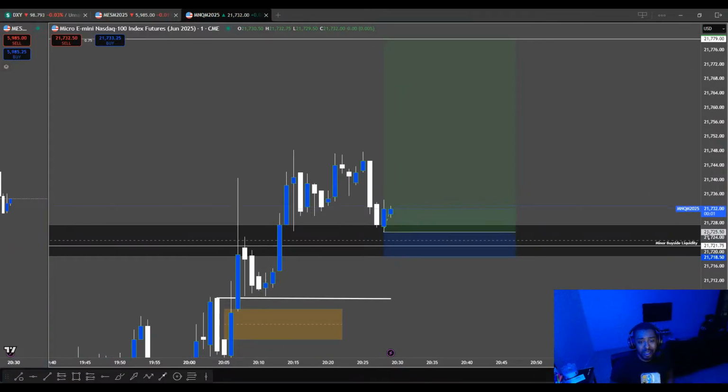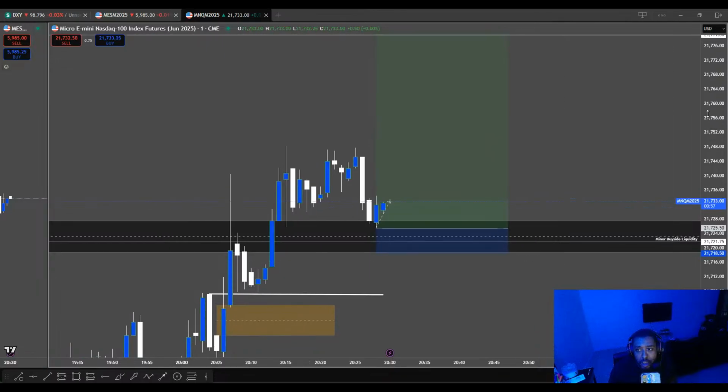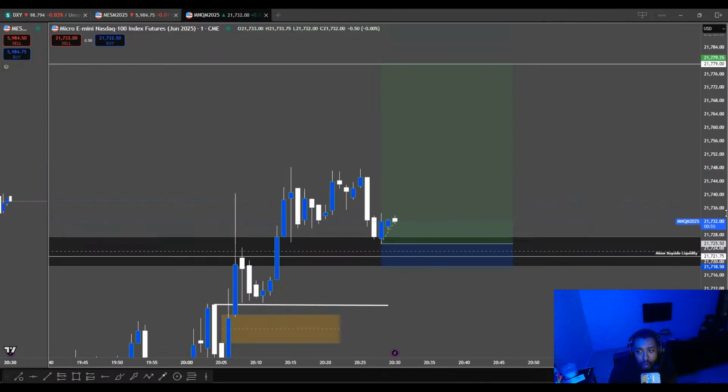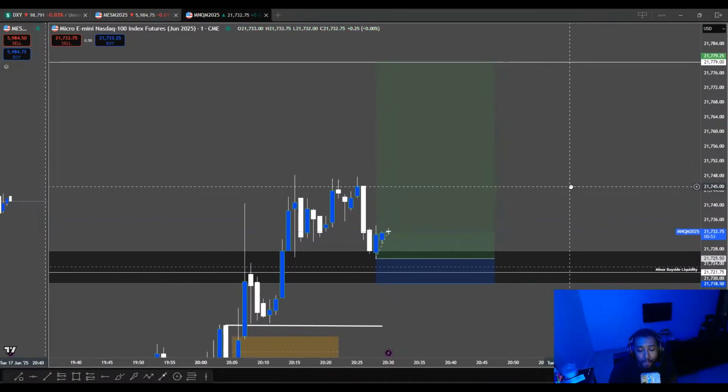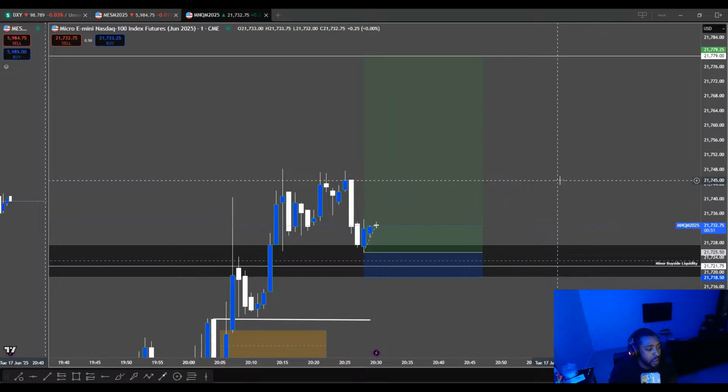And on the other one, this is not a high probability trade for me to trade on my live account. This is just an order flow play, strictly order flow. So this is why this is not really high probability. It's a good chance that it can work, but it's not high probability.